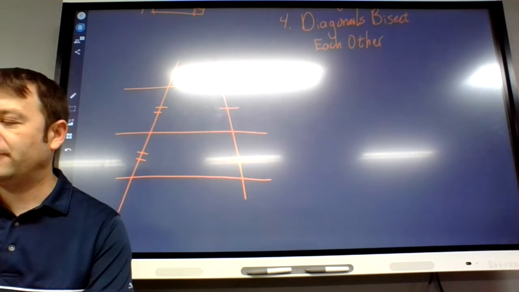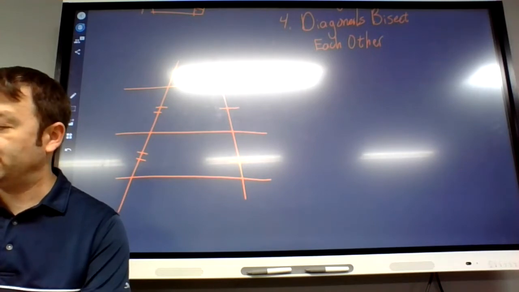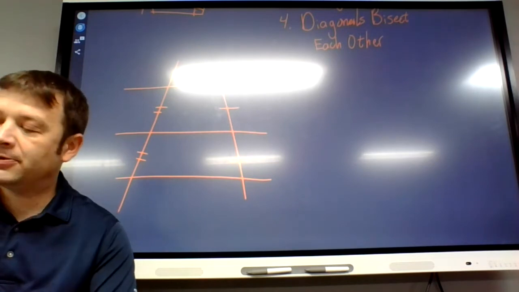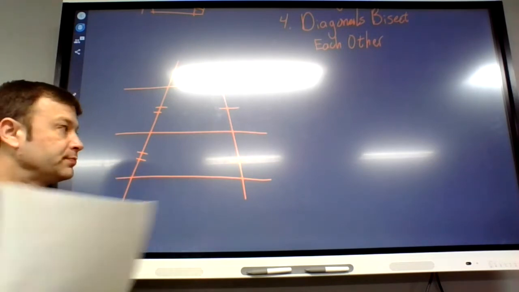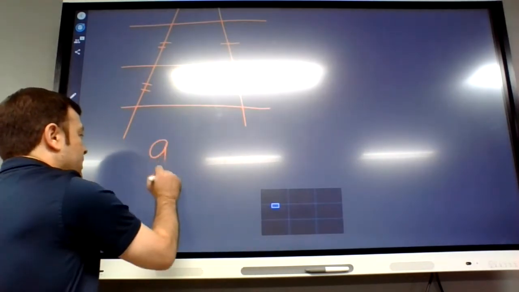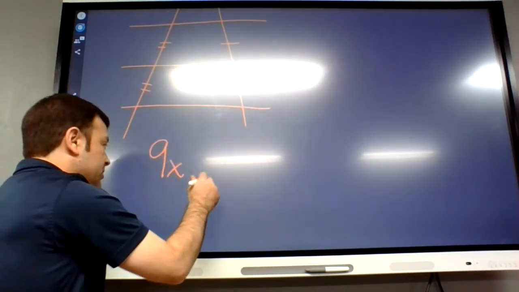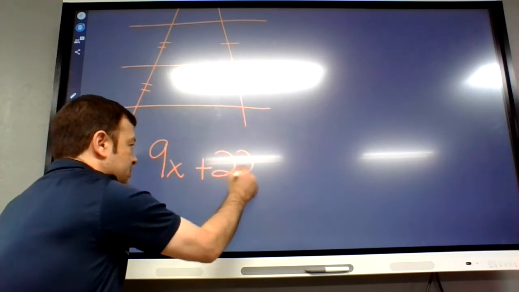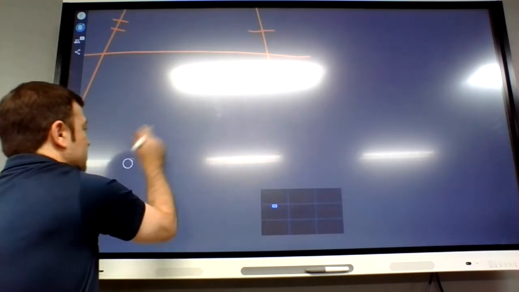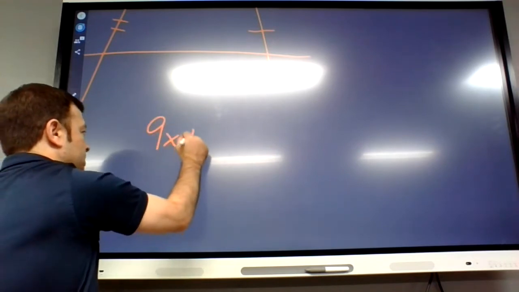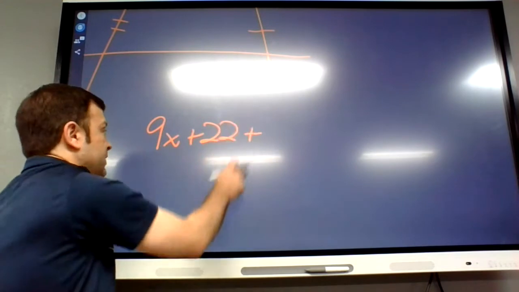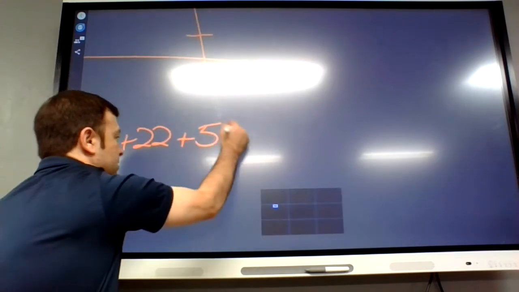Number 5. I know you guys have been looking forward to some algebra. How do we set this up and solve for x? 50 plus 9x plus 22 equals 180. Right, they have to add up to 180. So 9x plus 22 plus 50 equals 180.